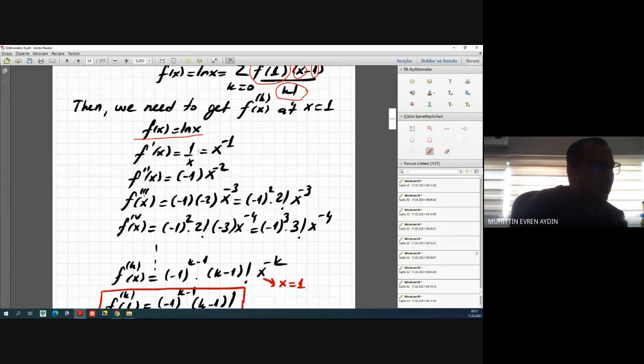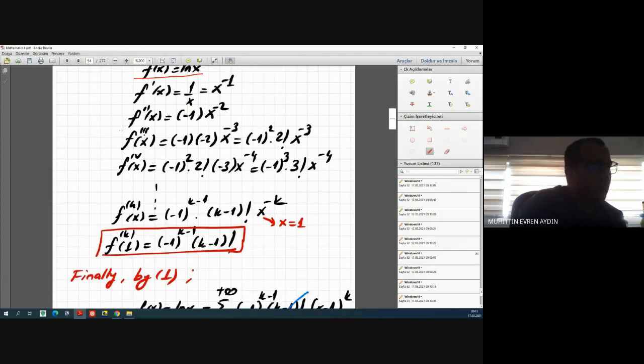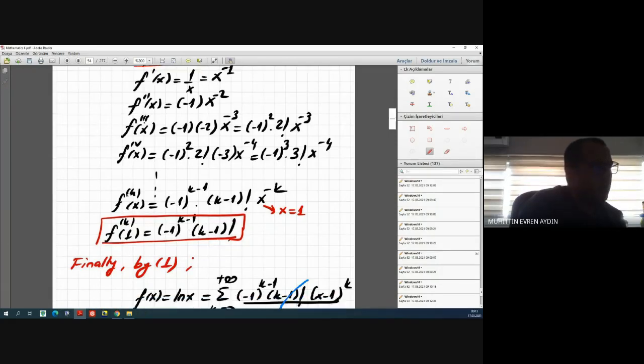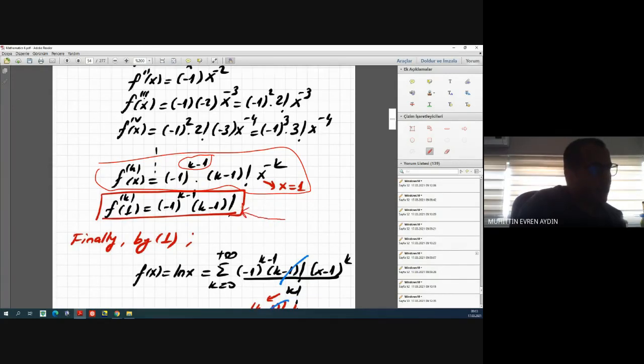The first order derivative 1 over x. The second order derivative minus 1 multiplied by x power minus 2. So those are simple derivatives. If you continue these processes, you can find the kth order derivative, equals minus 1 power k minus 1, k minus 1 factorial, x power minus k. So we have to replace x with 1, then we obtain such a statement.